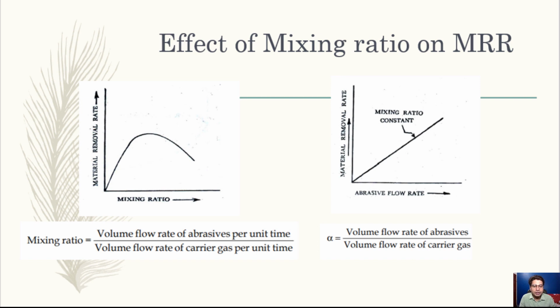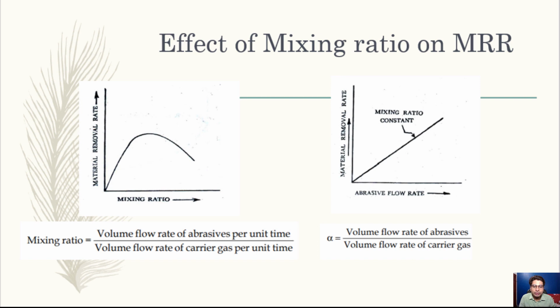It is convenient to explain this by mixing ratio, which is the volume flow rate of abrasive per unit time by the volume flow rate of carrier gas per unit time. The effect of mixing ratio on material removal can be seen. It initially increases, then after a point of time it starts decreasing the material removal rate with mixing ratio.